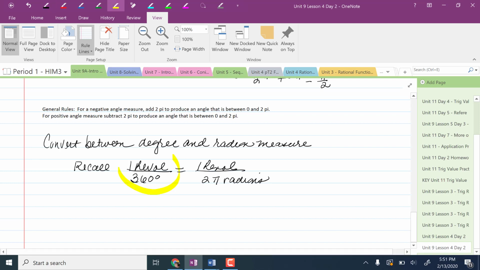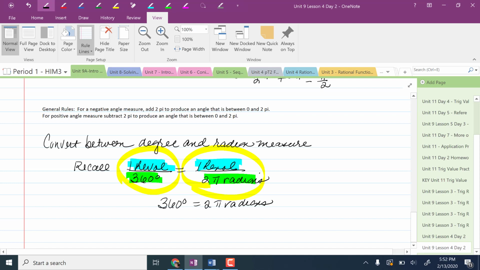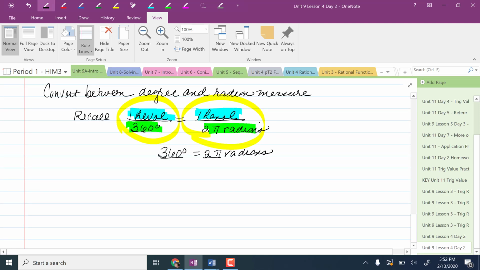Here we have equivalent fractions with equivalent numerators, which implies that the denominators also are equal. And now we can reduce this relationship and distill it down to 180 degrees are equivalent to pi radians, which is one of the conversion factors we're going to use.